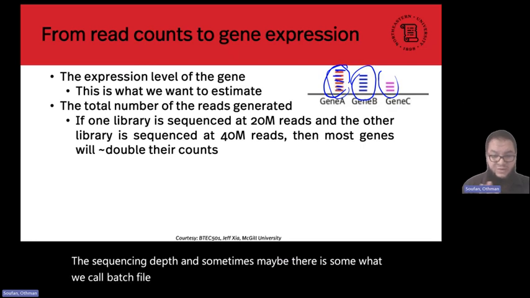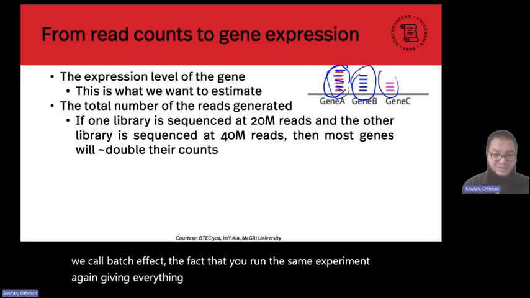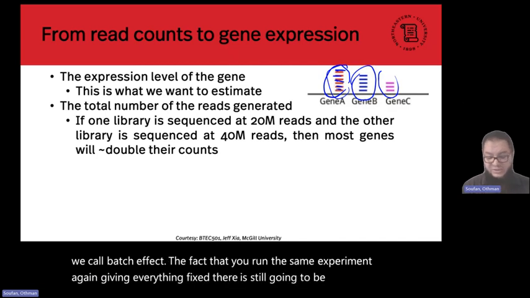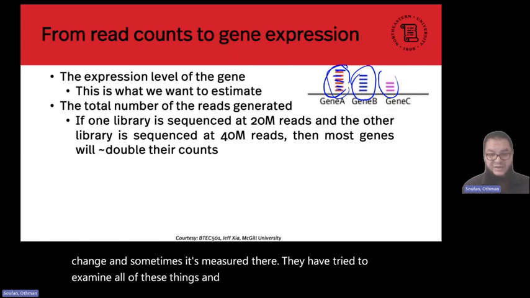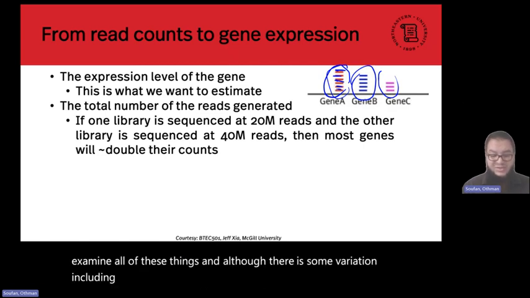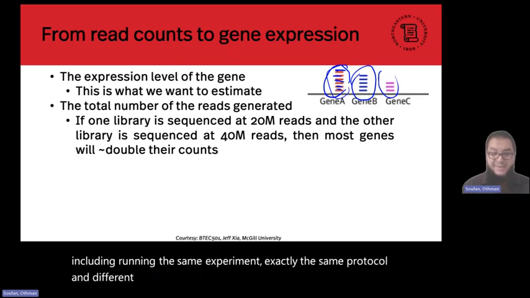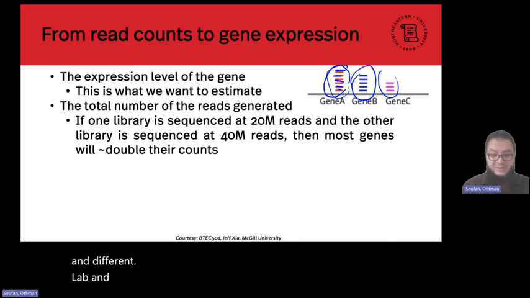The fact that you run the same experiment again, with everything fixed, there is still going to be a little bit of change, and sometimes it's major. People have tried to examine all of these things, and there is always some variation, including running exactly the same protocol in a different research lab, where they still had some differences.